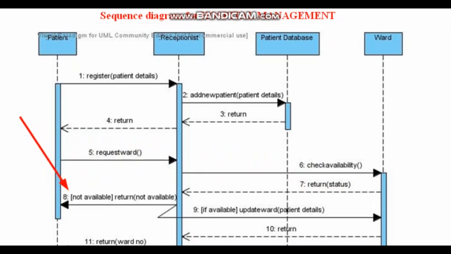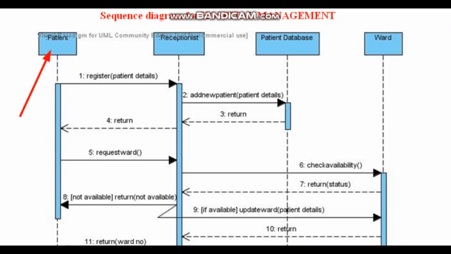And if it is not available, she may tell that it is not available. In case the ward is available, she will make an entry of the patient in patient database also and ward database also, and she will provide a ward number to this patient, isn't it? So it becomes very easy to understand, right?